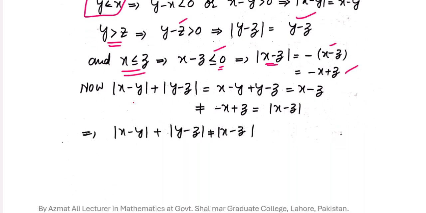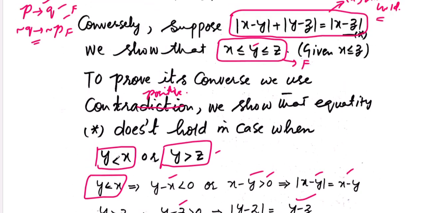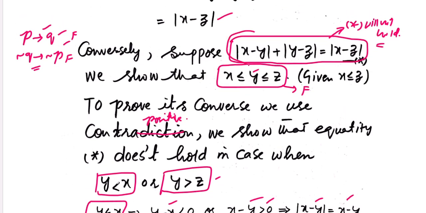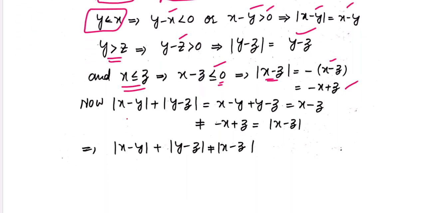Okay, now I am solving the left hand side. What is the left hand side? This is my left hand side. You will see I will solve the left hand side under these conditions. It should not be equal to absolute of x minus z. Absolute of x minus y plus absolute of y minus z. What is absolute of x minus y?